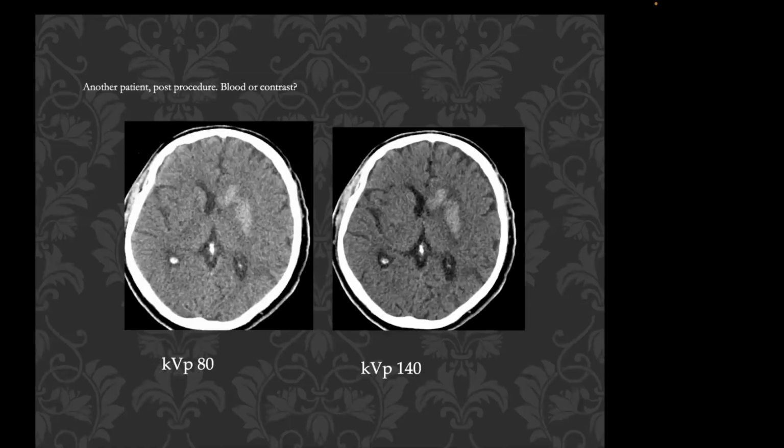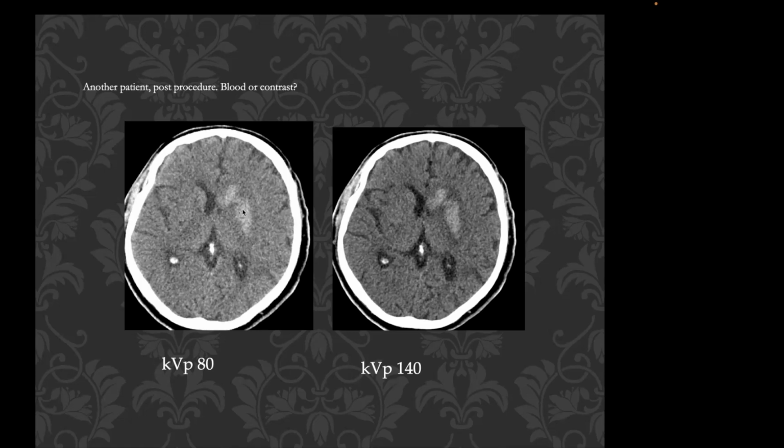And this will give you two images. Here we have one image obtained at a kVp of 80 and another at a kVp of 140. Now, when the high attenuation looks about the same on both images, you should be suspicious that you're dealing with blood.